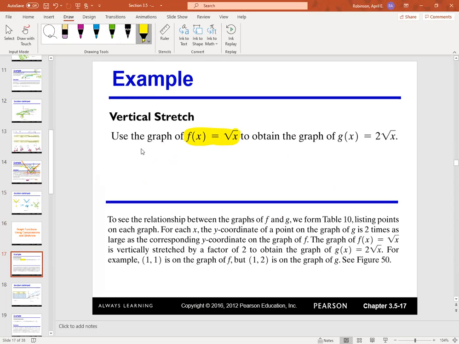But then they're going to throw onto that a 2 times the square root of x. Now keep in mind, whatever you plug in for x, you take the square root of it. But then you're going to multiply it by 2. It's going to be twice as big as what it was.